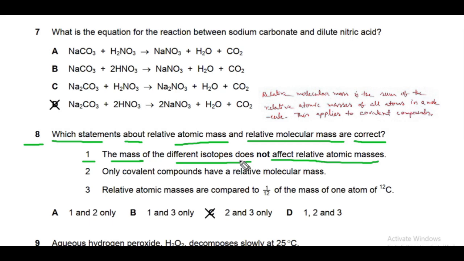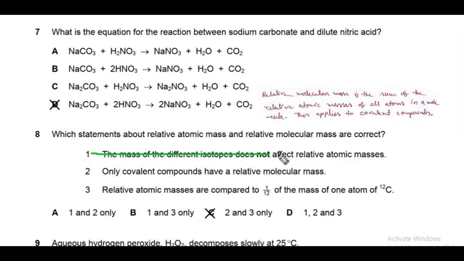The mass of the different isotopes does affect the relative atomic masses. So this is wrong.